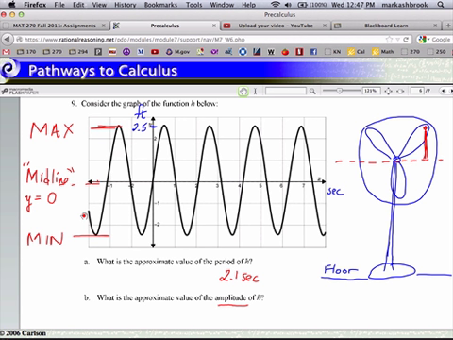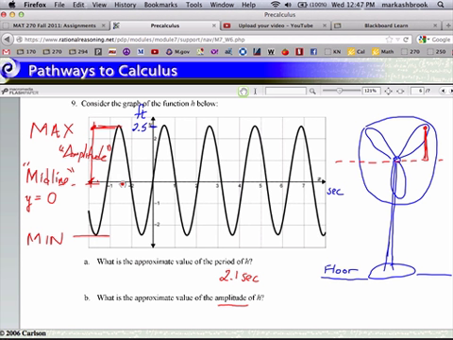Okay, amplitude is the distance from the midline to the max, or the midline to the min. The amplitude is like the height of the wave from the midline up to the max. You always say it's the positive.